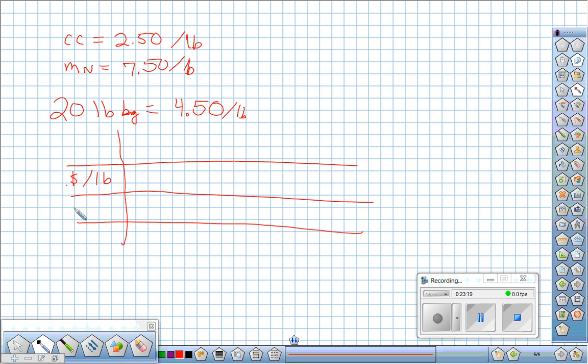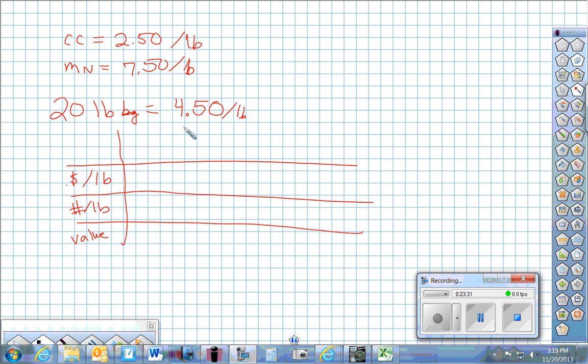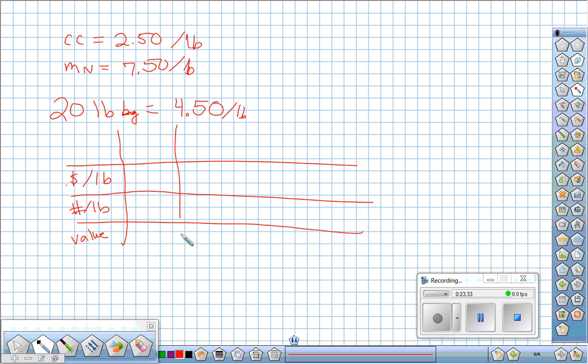And then I'm also going to have the number of pounds, and then the value of the mixture. And then I'm going to figure those things out for caramel corn, then I'm also going to do that for the nuts and then for the mixture separately.